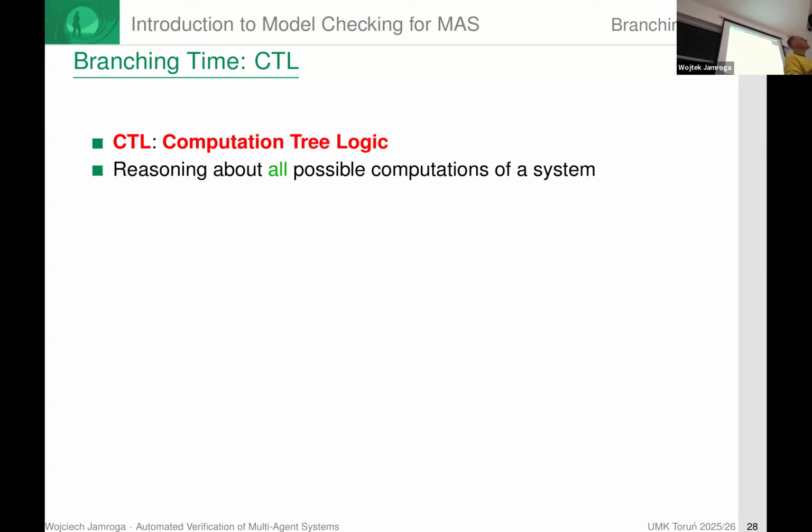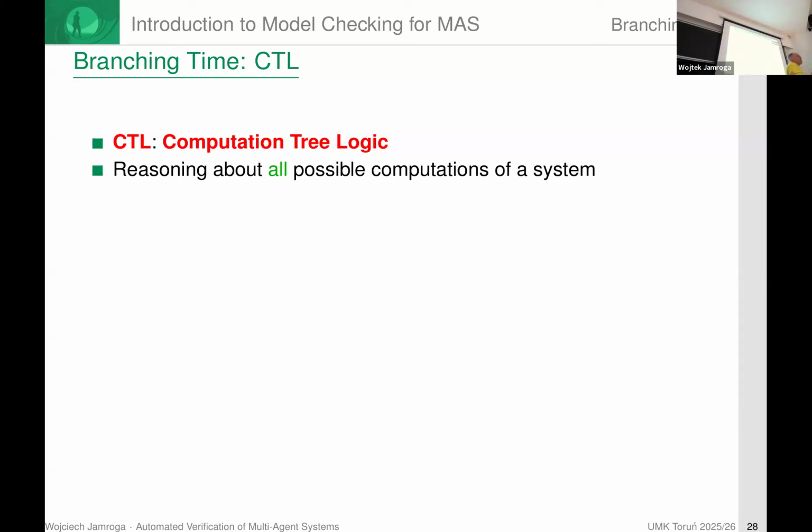But now we are moving into creatures that have been created by computer scientists, and I think computer scientists are not the best guys marketing-wise. So we tend to name our products in a kind of counterproductive way. Computation tree logic is not the worst. You will see worse in the next lecture.